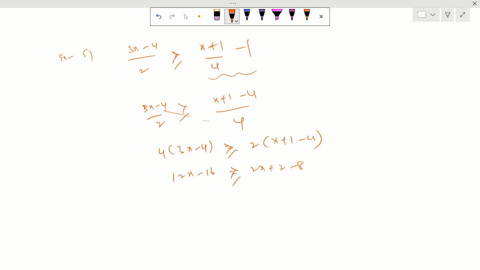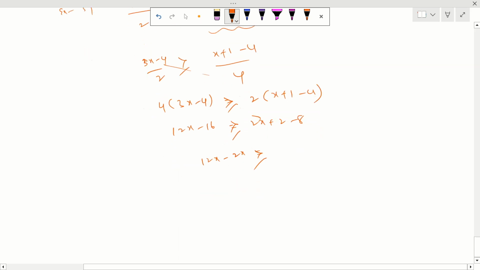The 2x I take this side, so 12x minus 2x is greater than or equal to minus 6, 2 minus 8 is minus 6. The 16 I take this side, it becomes plus 16, then 10x is greater than or equal to 10. So the solution for this is x is greater than or equal to 1, right? x is greater than or equal to 1 is the solution for this inequality.